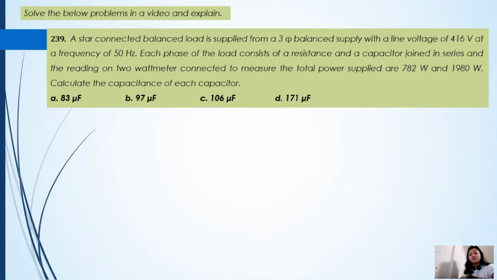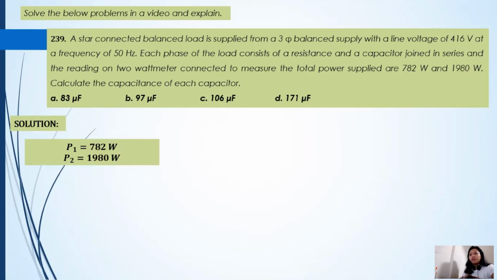Calculate the capacitance of each capacitor. So these are the choices: 83 microfarad, 97 microfarad, 106 microfarad, and 171 microfarad. So we will know the answer by solving the problem.